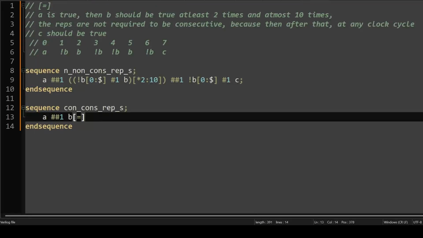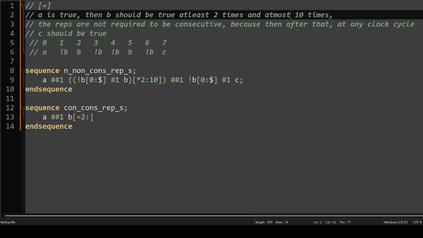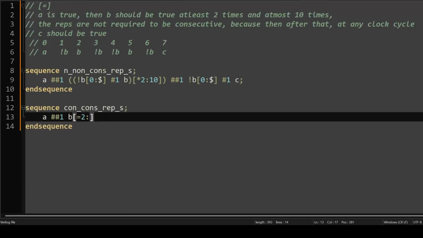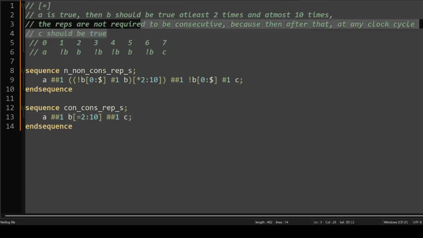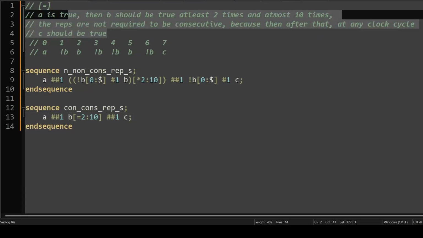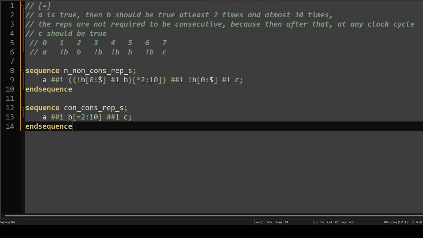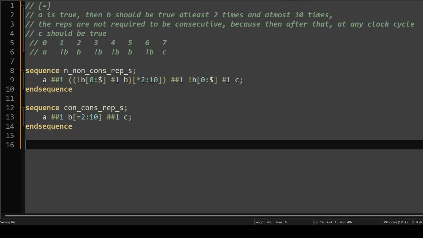So we will write 2 and at most 10 times. So the upper bound is 10, and then C. So it is this simple, compared to writing the pattern using the consecutive repetition. Now let's write the property for this sequence.